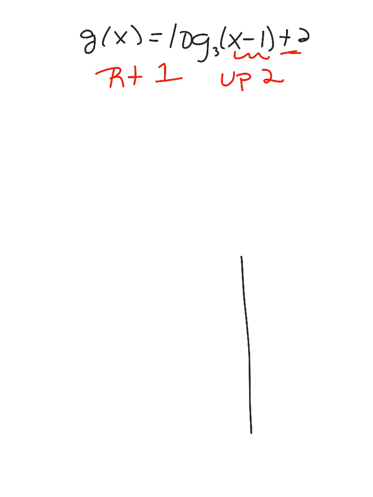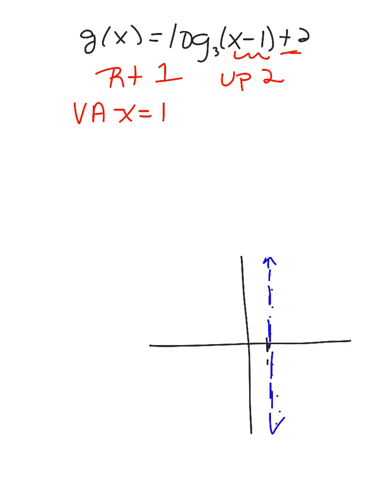All right, so just plug it in your calculator in order to graph it. My vertical asymptote is x is equal to 1. So at 1 here, there is a vertical asymptote. Okay, so you can look at your table values in order to graph it. So I have 2, 2.